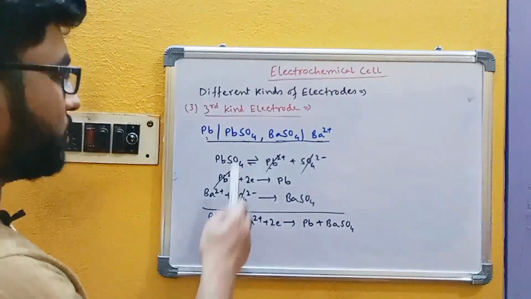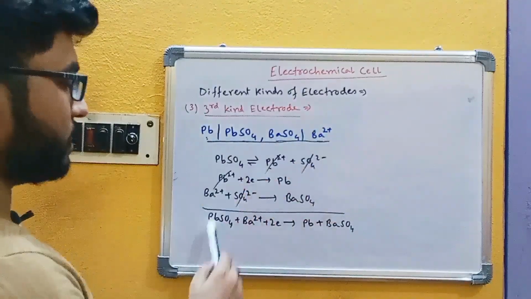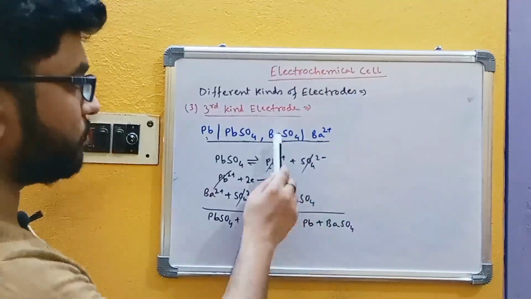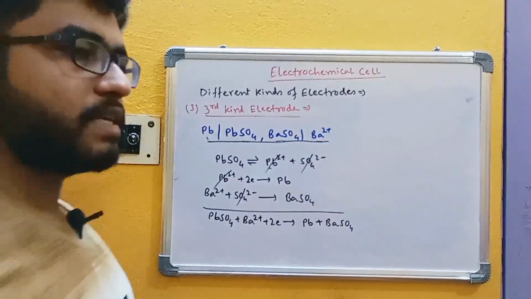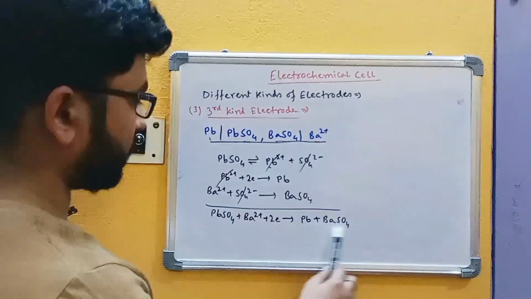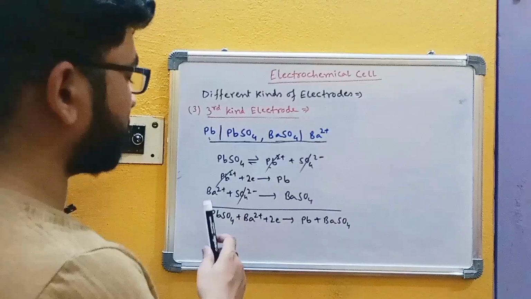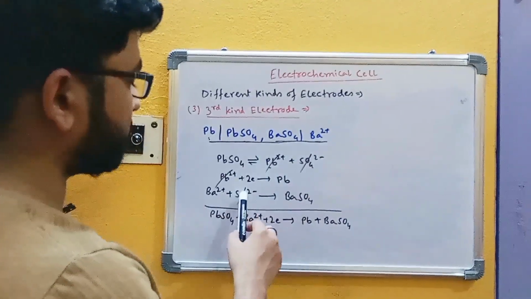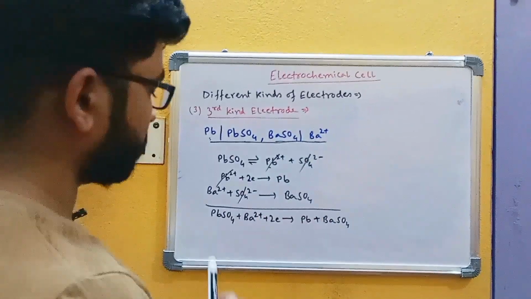Look, all these terms are in this representation, that is PbSO4, Ba2 plus, Pb and BaSO4. We have to write in such a way that all these terms are in the half cell reaction. There is no Pb2 plus, that's why we write Pb2 plus in terms of Pb and we cancel these two sulfate.